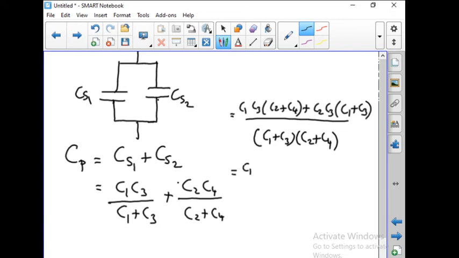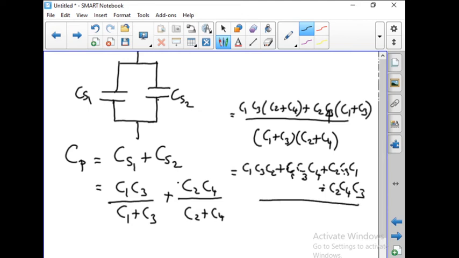So you can write C1 C3 C2 plus C1 C3 C4 plus C2 C3 C1 plus C2 C4 C3 by C1 plus C3 into C2 plus C4.